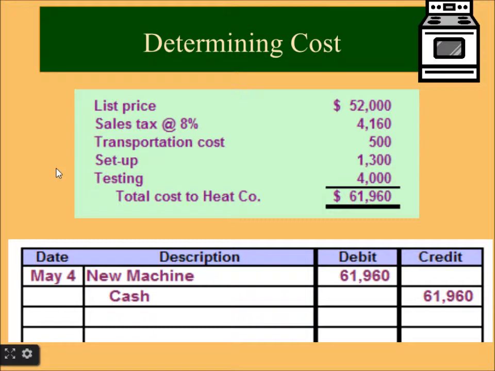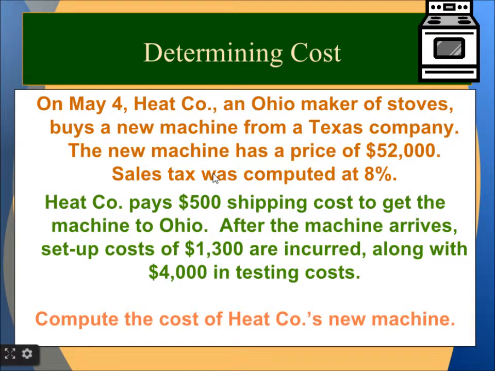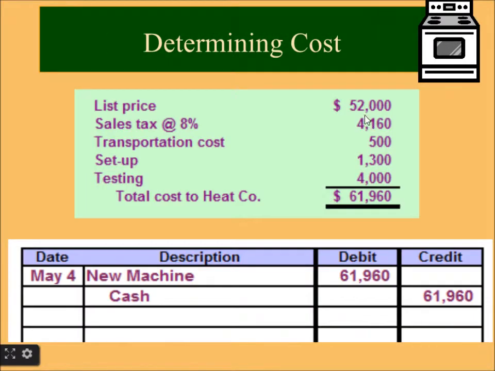So as explained before, it is not the asset price but the total price for getting it ready for use. So let's see what is there. The asset price was 52,000, which is given. Sales tax is 8% of 52,000, which I have calculated as 4,160.